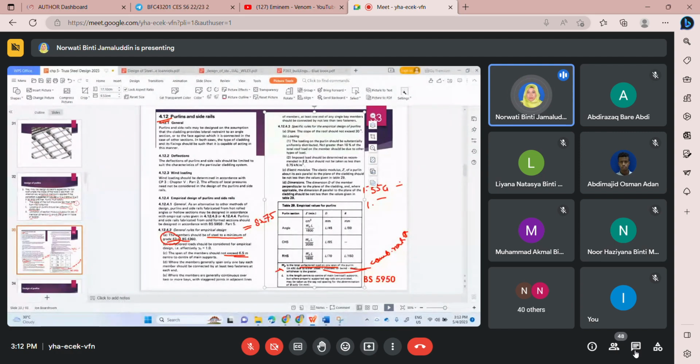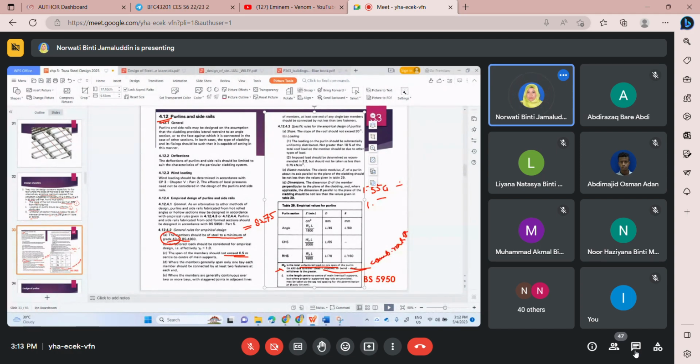The drawback of this approach is that it offers you limited sections to be used: angle, channel, or rectangular hollow section. That's all you can use if you design according to this empirical method. If you design it as a beam with the procedure according to Eurocode, you can have any sort of section shape.